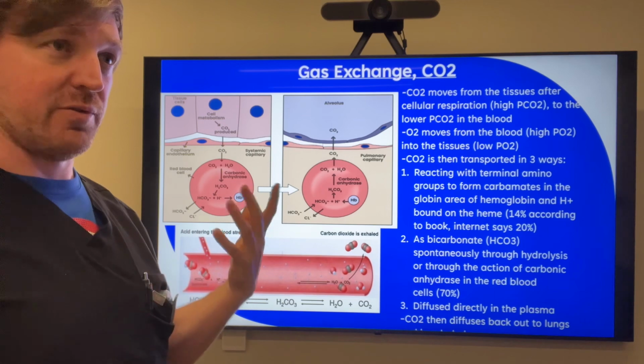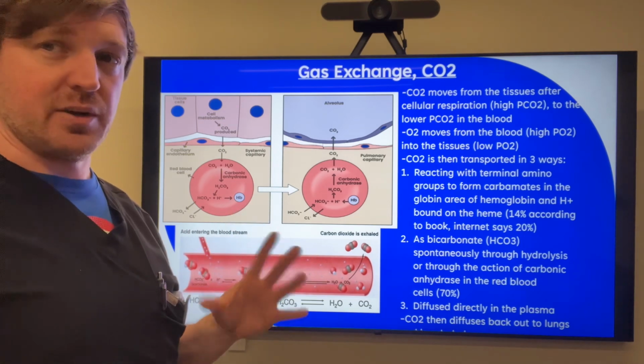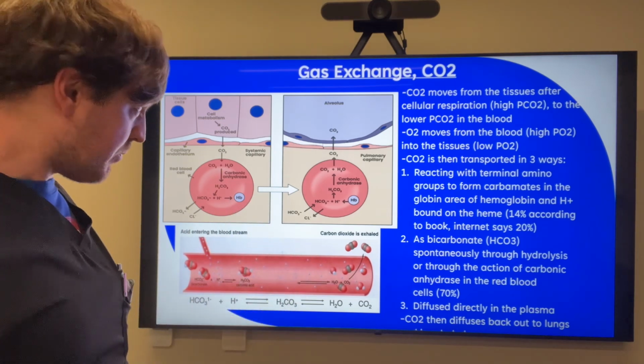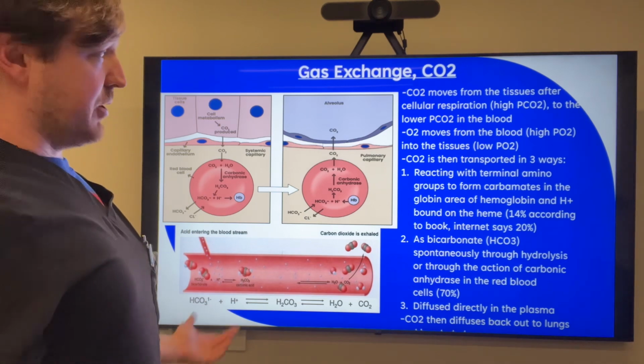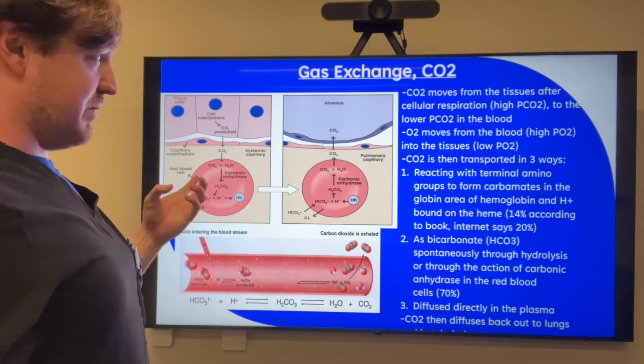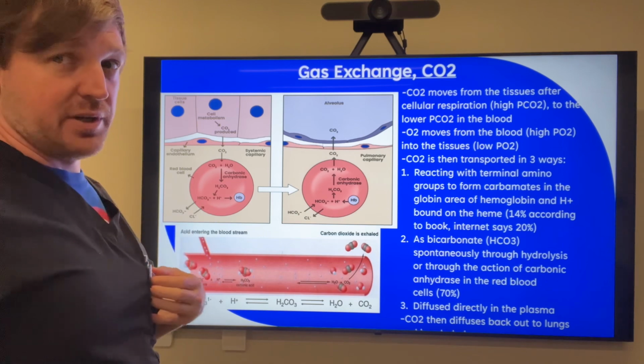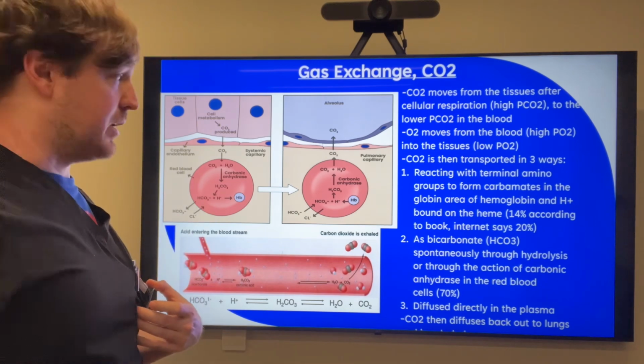Instead of 7.4, it might be 7.3 or 7.35. But that's only 20% of the CO2 that is transported on the hemoglobin.